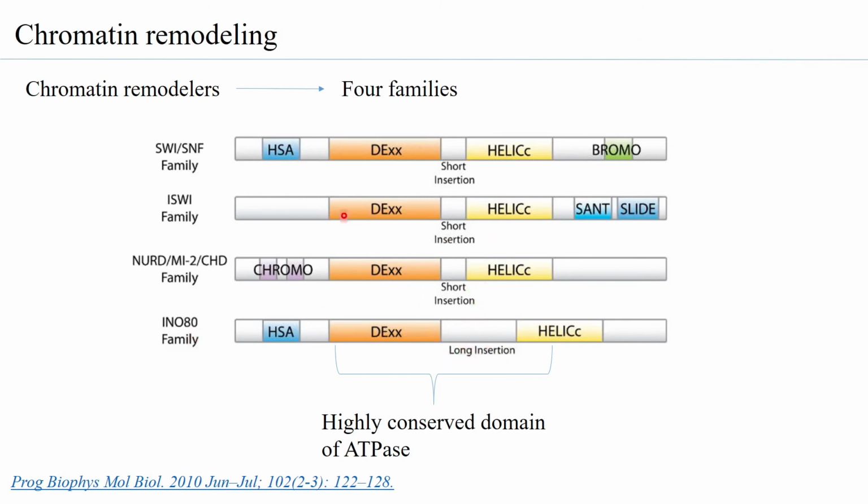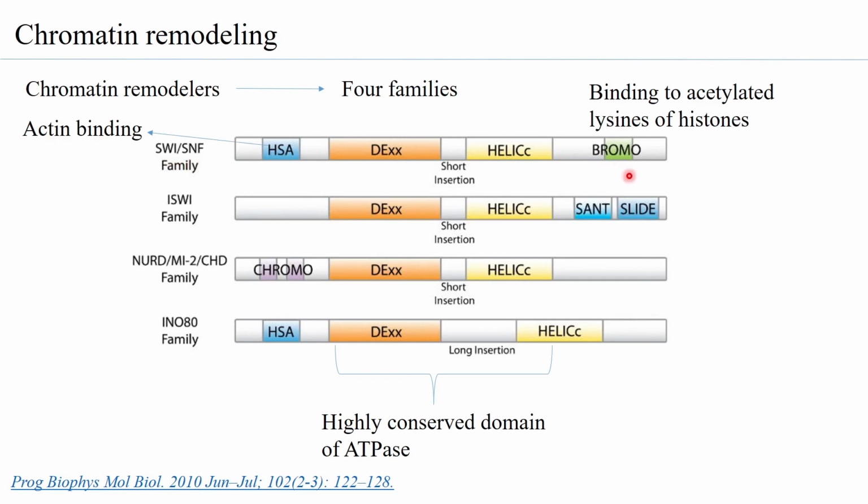But other than that, there are other elements in the ATPase that have domains that are different from each other. So say, for example, the SWI/SNF family has an HSA domain, which is able to bind to actin, and it has a bromo domain, which is able to bind specifically to acetylated lysines of histones. So just in the previous slide we mentioned that histone codes can be read by various molecular machineries, and one of them is chromatin remodelers.